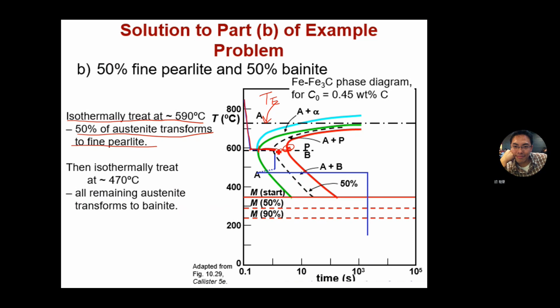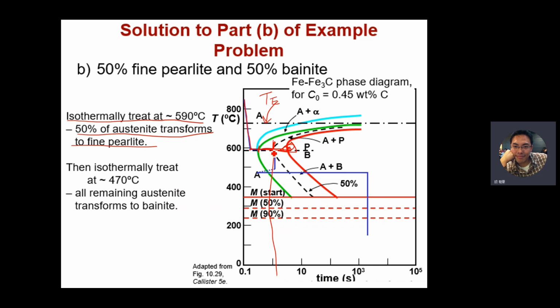When the time reaches a specific time, right here, that means 50% austenite and 50% pearlite, right? And at this point, that means 100% pearlite.